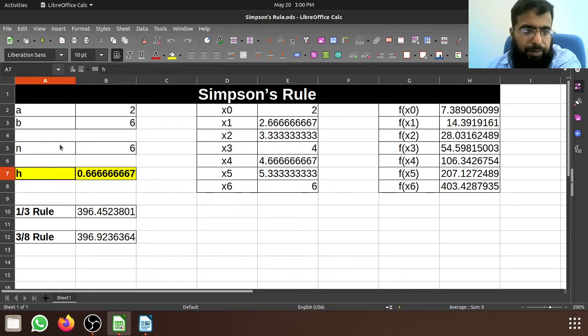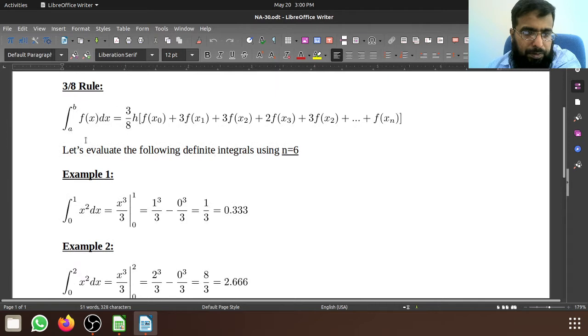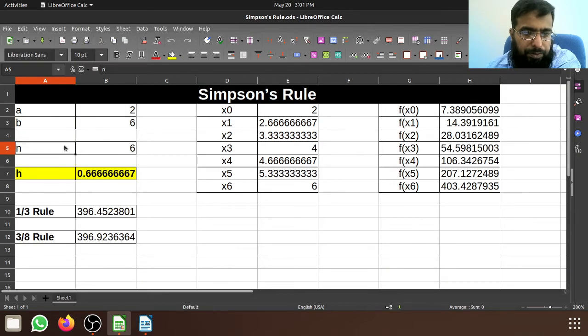Right, so we start by introducing a and b, the lower and upper limits, and then we introduce n in our spreadsheet, that is the number of subintervals, and I have fixed it to 6.